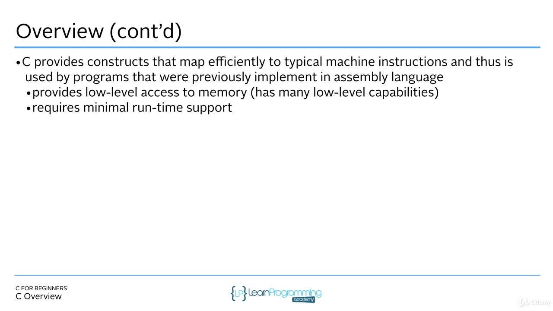So it provides low-level access to memory, and it has many low-level capabilities. It can directly interact with hardware. A lot of drivers. Drivers are programs that interact with hardware. A lot of drivers are written in C. And it requires minimal runtime support. And the reason for this, again, is because it easily maps to assembly instructions.